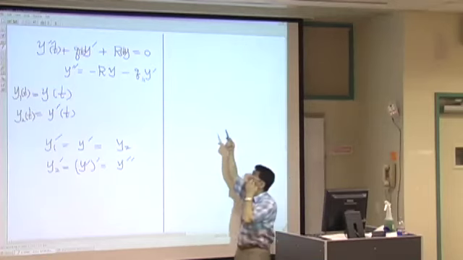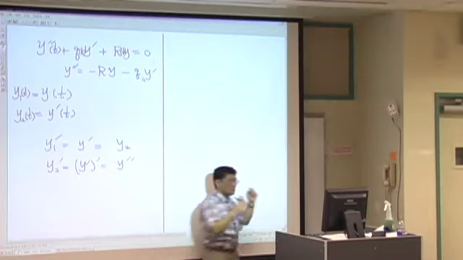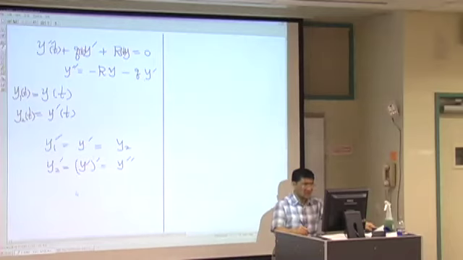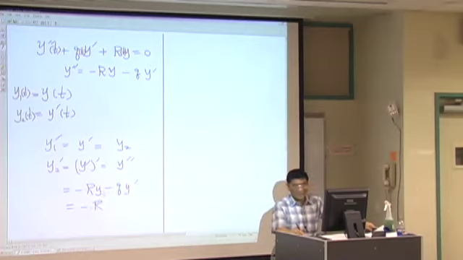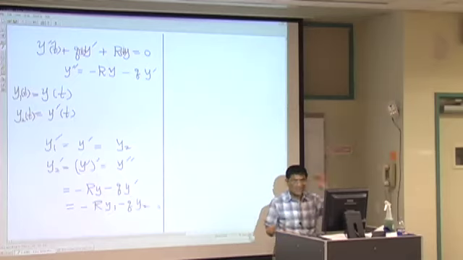By the top line. So we write this part using the top line, minus r of y minus q of y primed, or we can use y1 and y2. If we use y1 and y2, what is this? y is what? y1. And then y primed is what? y2.